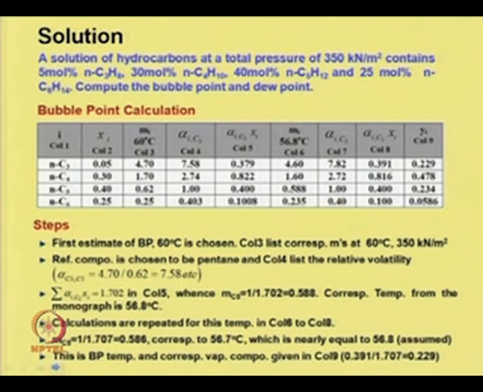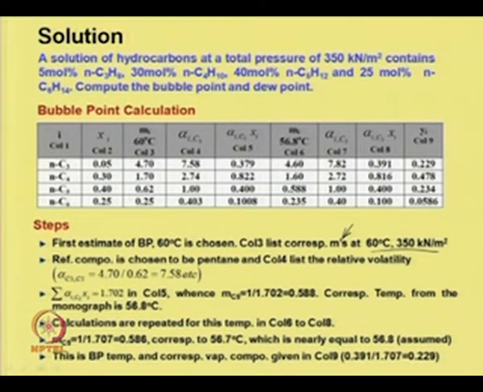For bubble point calculations, the following steps can be followed. First, we have to estimate the bubble point, and to estimate that, 60 degree centigrade is chosen. At 60 degree centigrade and 350 kilonewton per meter square pressure, we have to get the corresponding distribution coefficient M, which is given in column 3 for different components.